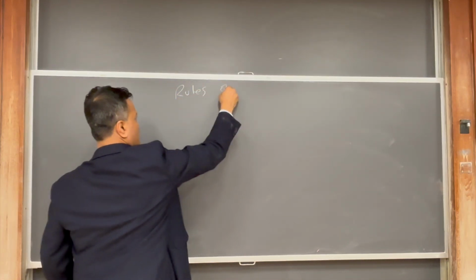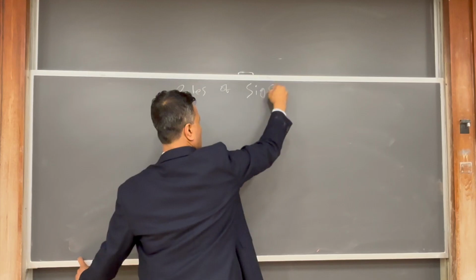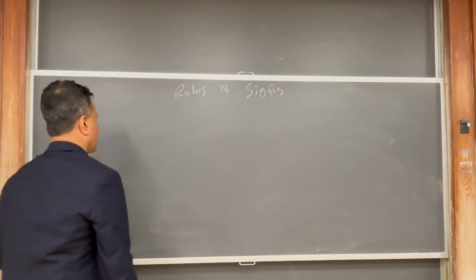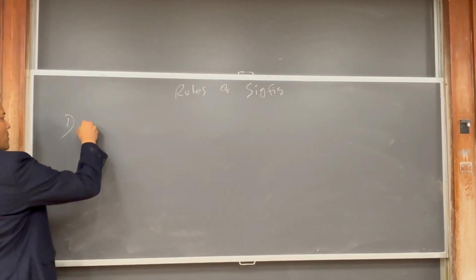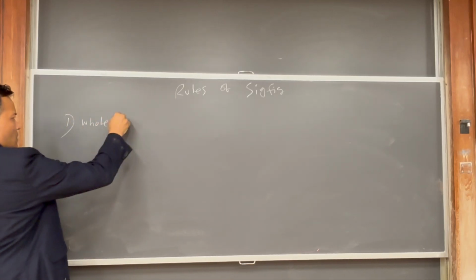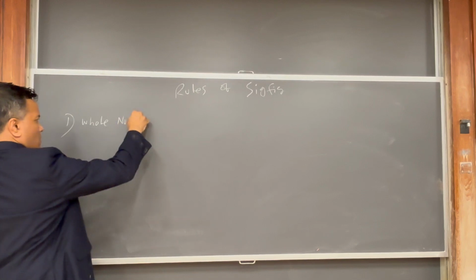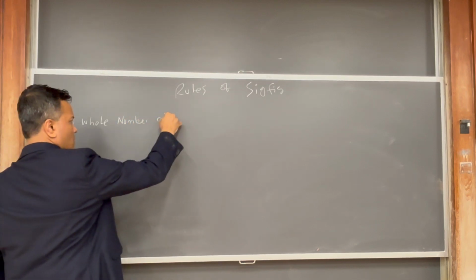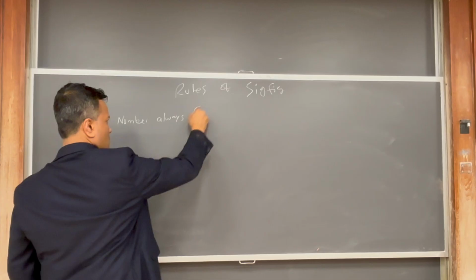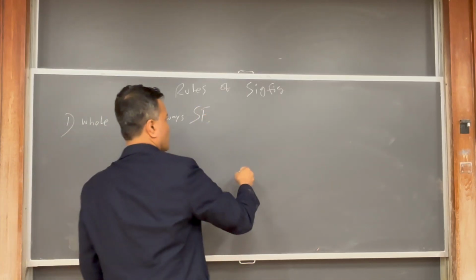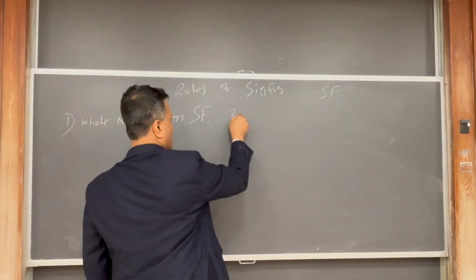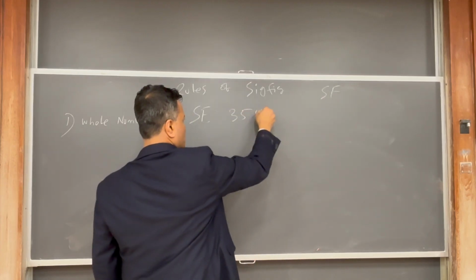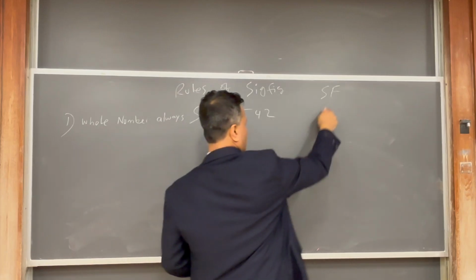Rule number 1: whole numbers are always sig fig. So how many sig figs here? 3, 5, 4, 2. 4 sig figs.